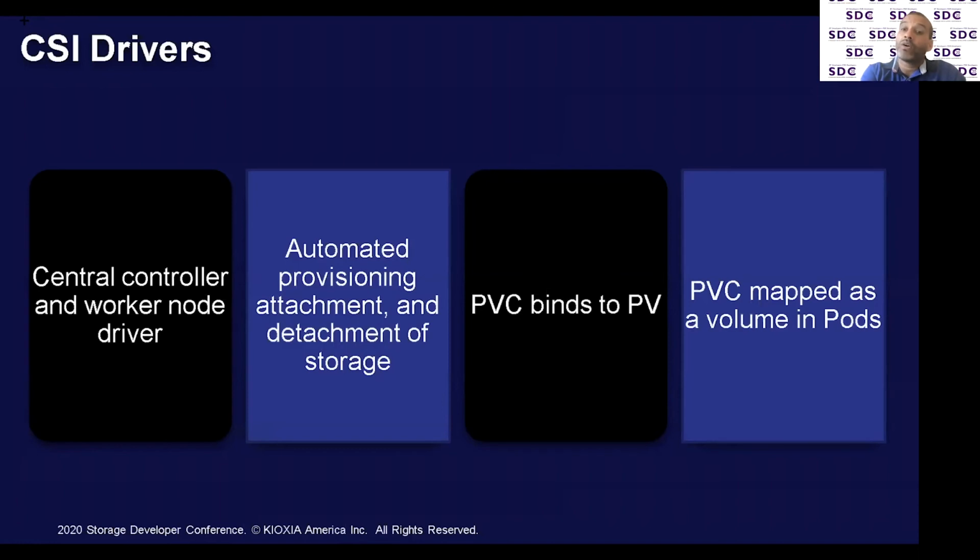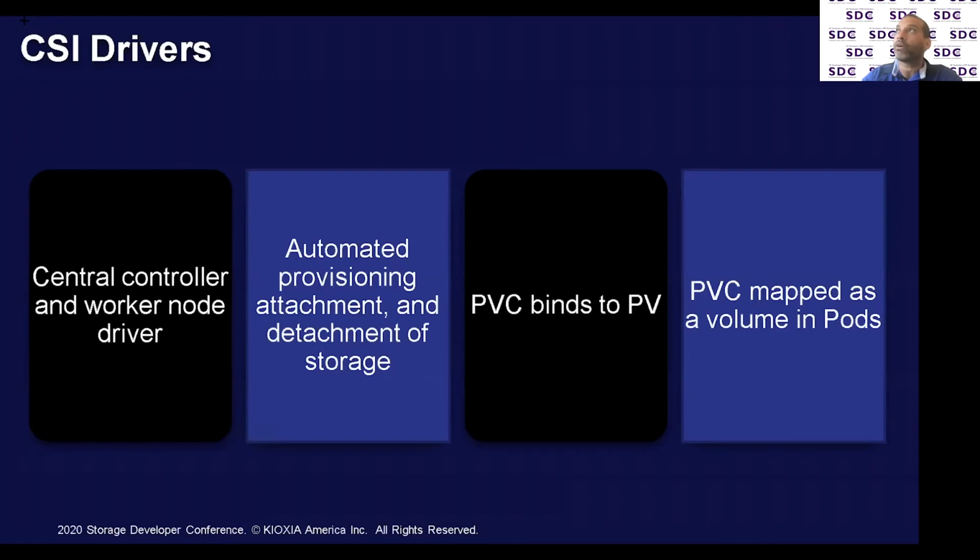Then we get that persistent volume from that storage, and we bind it to a persistent volume claim. That's another object in Kubernetes. And the persistent volume claim is the one which gets mapped to a pod in Kubernetes. A pod is a set of containers, and it's another object in Kubernetes.